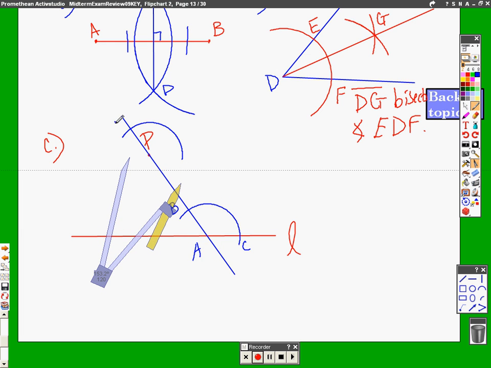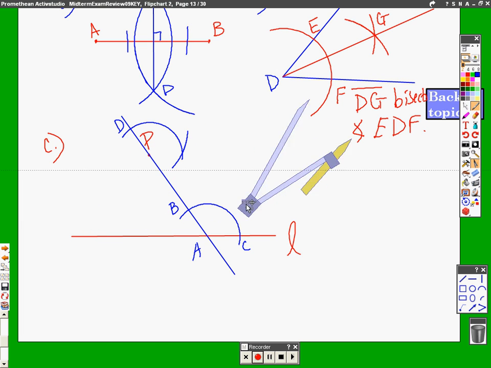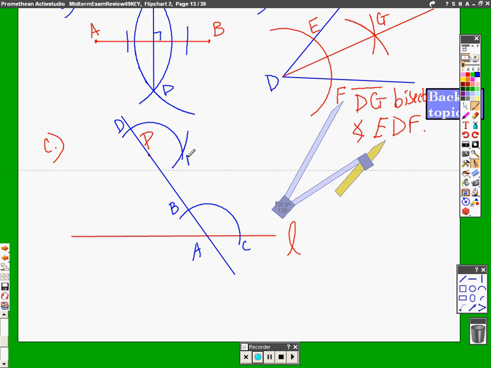I'll call that point D. I'm going to put my point on point D, and I'm going to draw another arc that goes through the arc you just created. Where these two arcs intersect, I'm calling it point E. That's our new point that we are going to connect to point P, to hopefully make a pair of parallel lines.